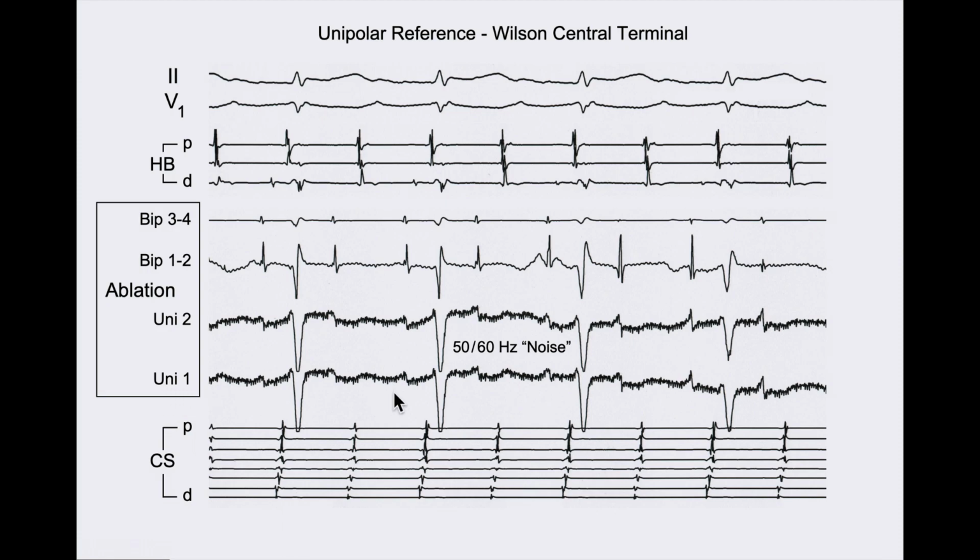And notice that when you record the unipolar electrogram with a Wilson Central Terminal, you typically see 50 hertz or 60 hertz noise. Many physicians will say, oh, my equipment is noisy, oh, my room is noisy, but actually not. This is quite typical and normal in any room.